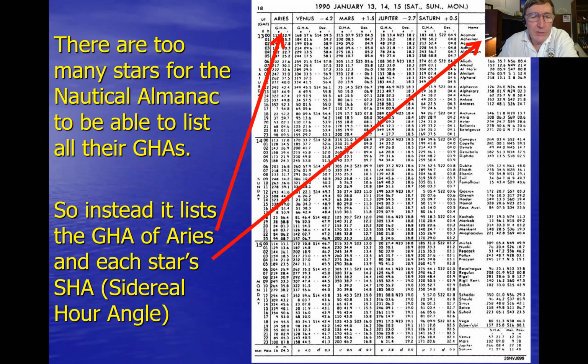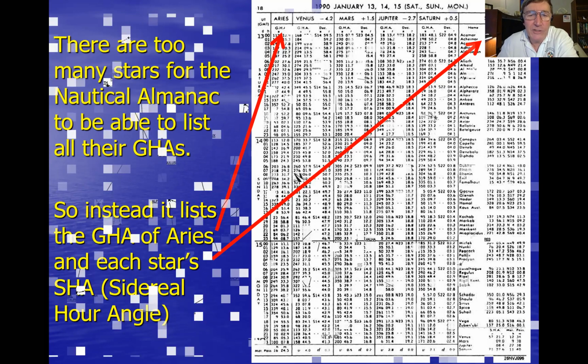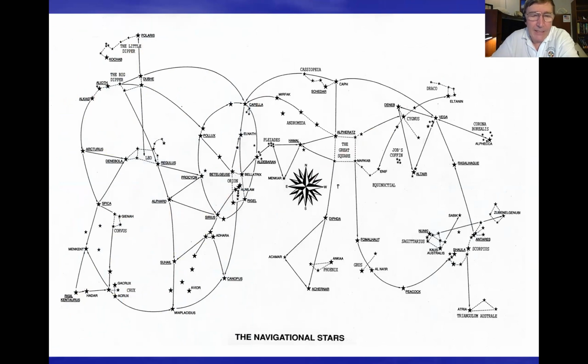What we're going to do is introduce a new concept called GHA of Aries, and another concept called SHA, which is sidereal hour angle. So let's find out what those mean. Here is my favorite star chart, and there is a symbol on the chart right here that looks like this.